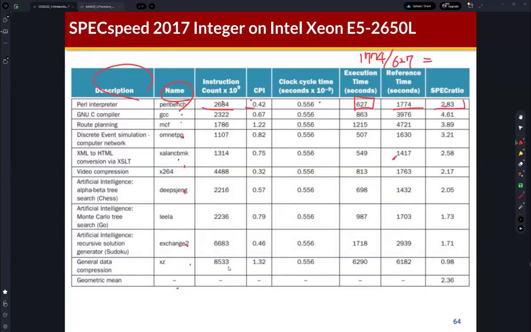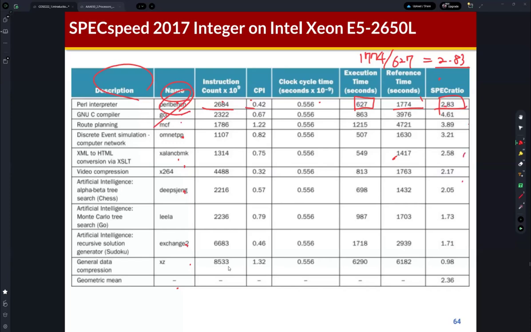Then we can get this number, 2.83. So what does that mean? Compared to the reference machine, my machine is faster 2.83 times for perlbench, right?